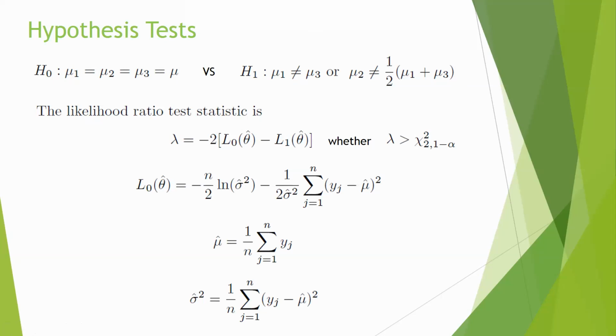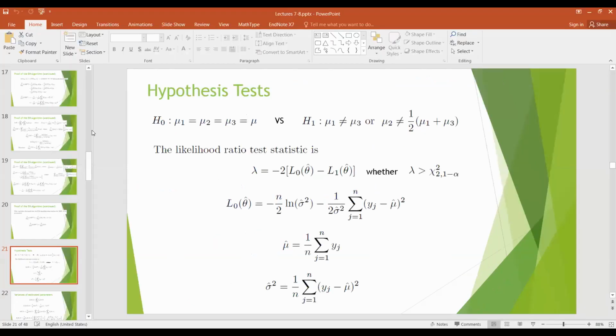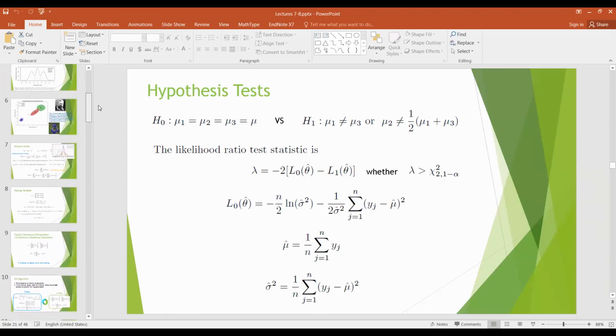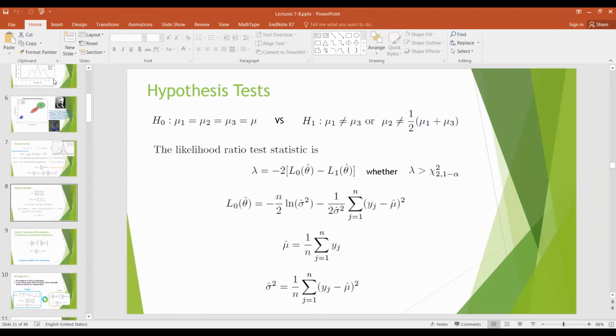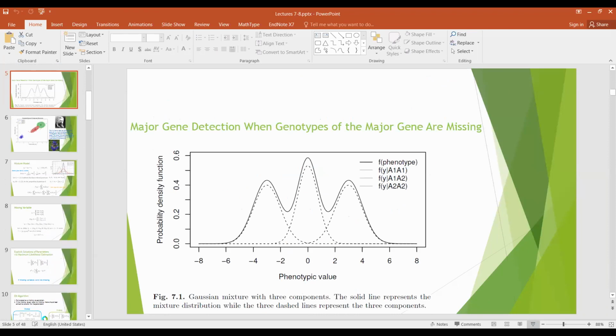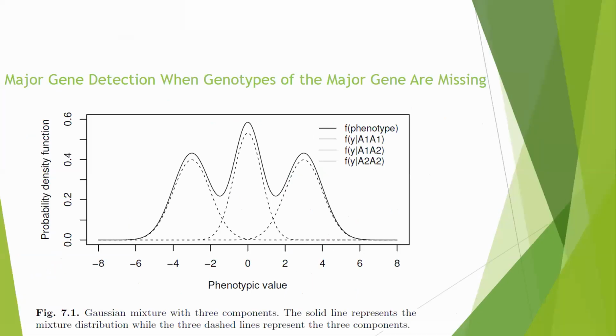Let me show you. For example, this locus, we're still talking about the F2 population, right?